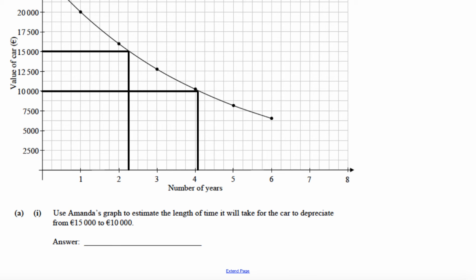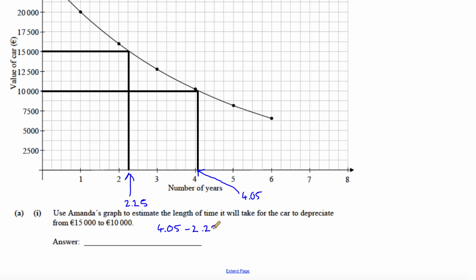So we're going to read off these times now. So here, it looks like each square is worth 0.25, so that's 2.25 years. And this time here, we're going to estimate that to be about 4.05 years. So we went from 2.25 years to 4.05.